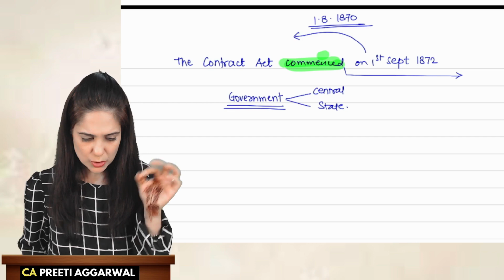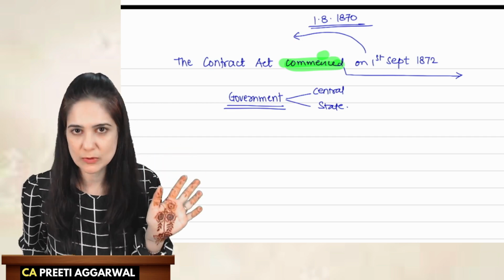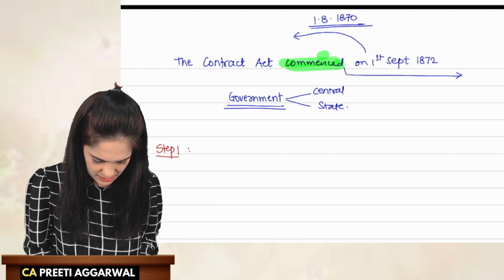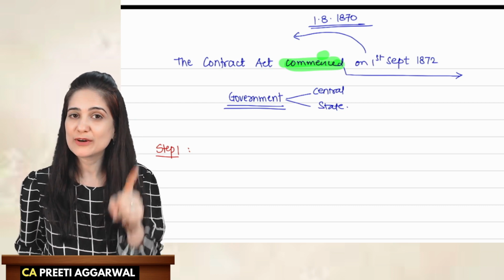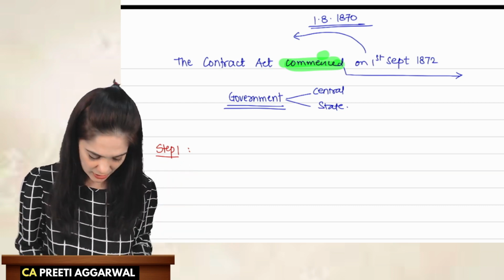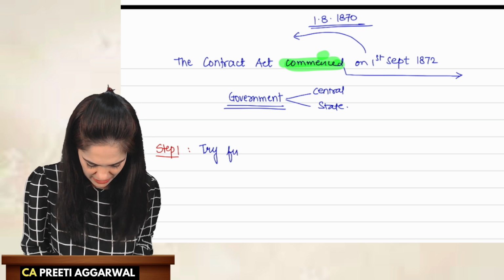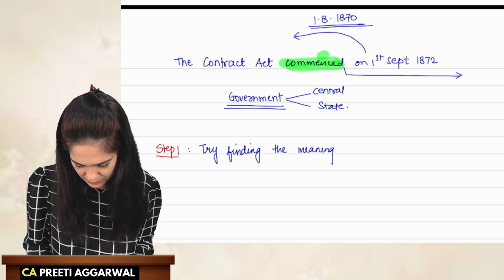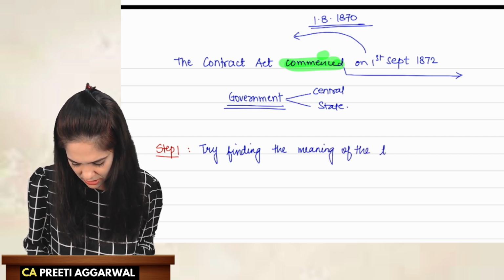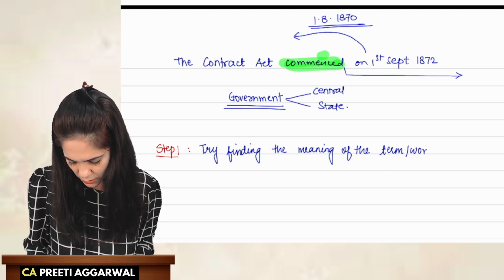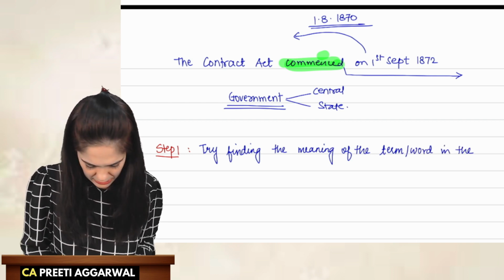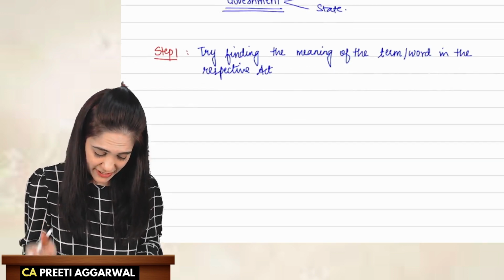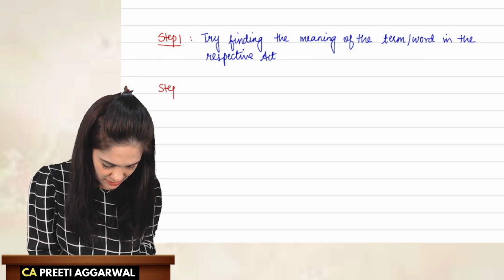See, students, you don't have to come to the General Clauses Act whenever you are facing some doubt. What is step number one? Step 1. Law says, first try to find out the meaning of that word in the act itself. Okay? So try finding the meaning of the term, or you can say word, in the respective act.